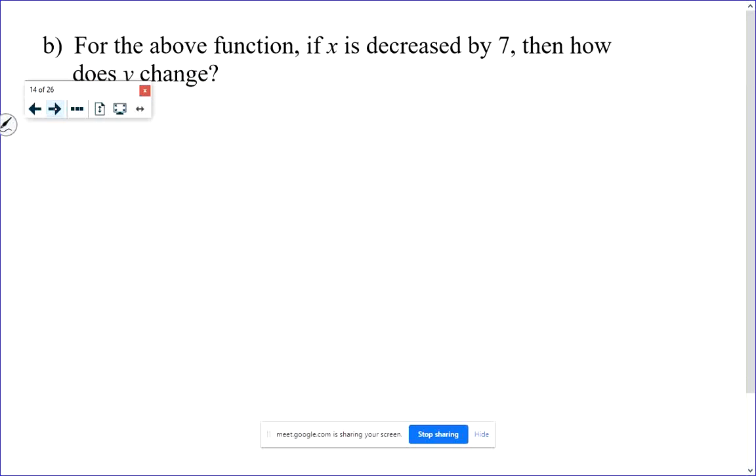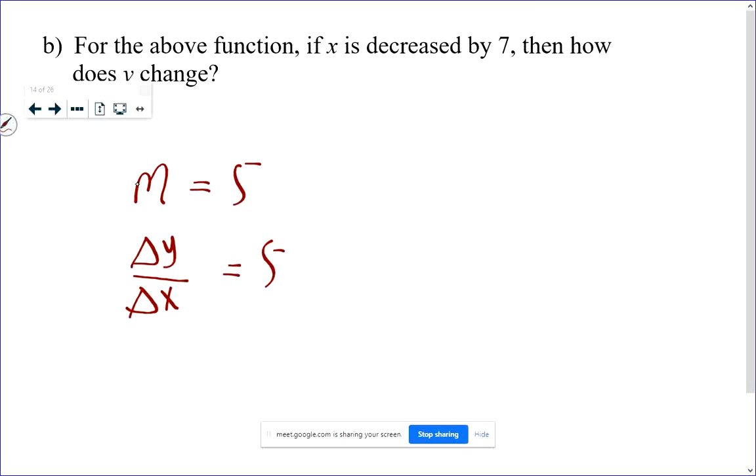All right, for the above function, if x is decreased by 7, then how does y change? Well, your slope is 5. Slope was 5, yes? And slope is delta y over delta x. If I give people this question, even in grade 10 or 11 or prior to this course in grade 12, they can figure it out, but it becomes a puzzle to them.